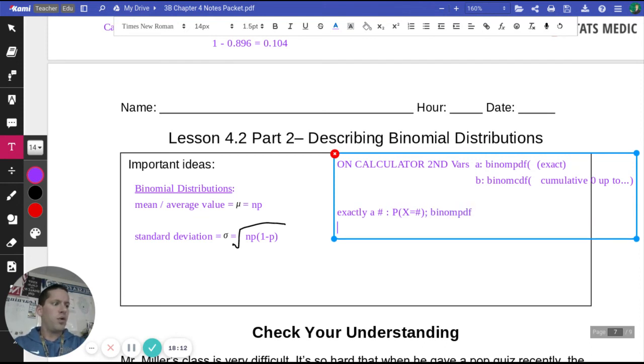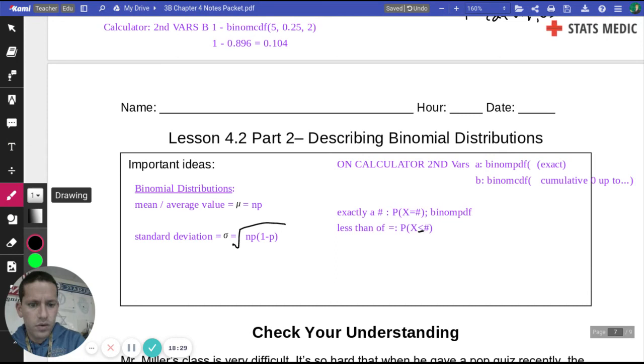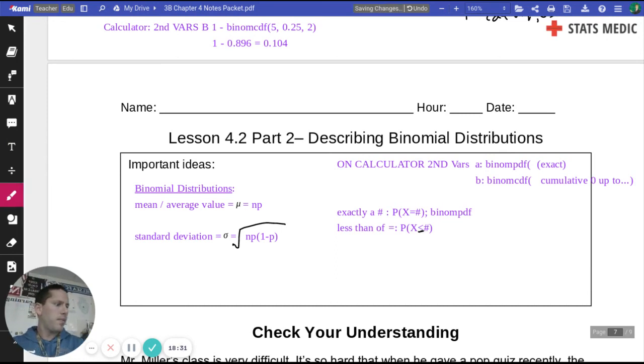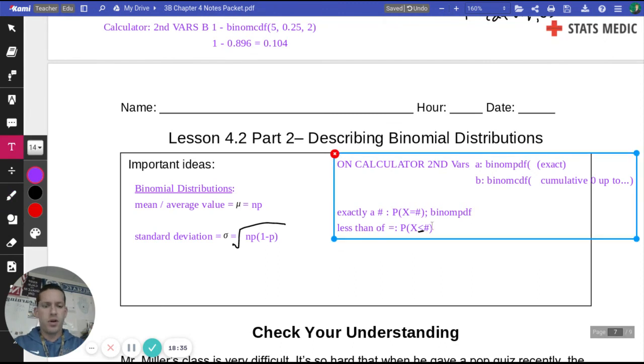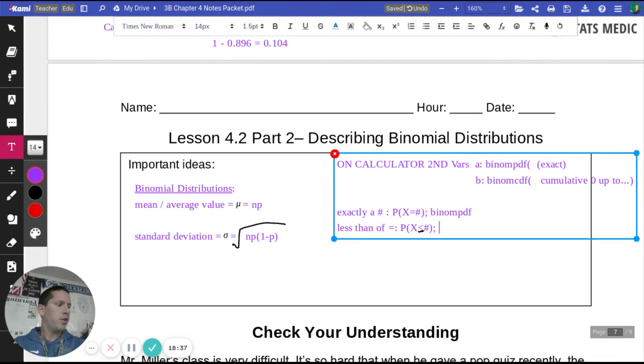If we want less than or equal to, or at most, where we have the probability that x is less than or equal to some number, then we are going to use binomial CDF.